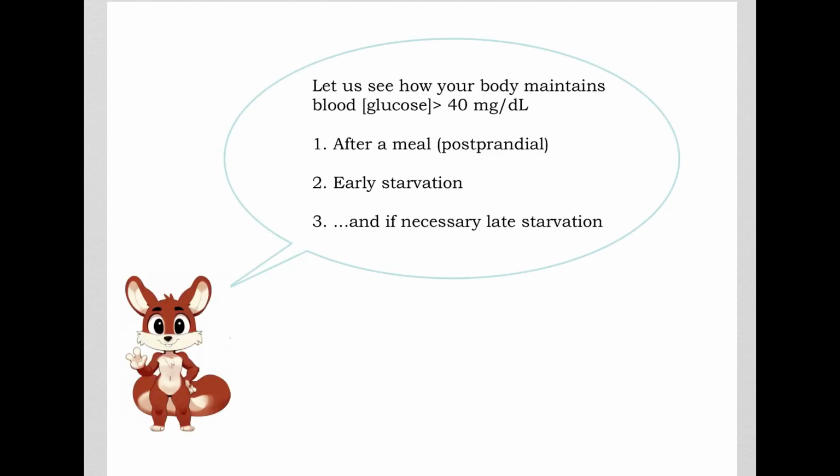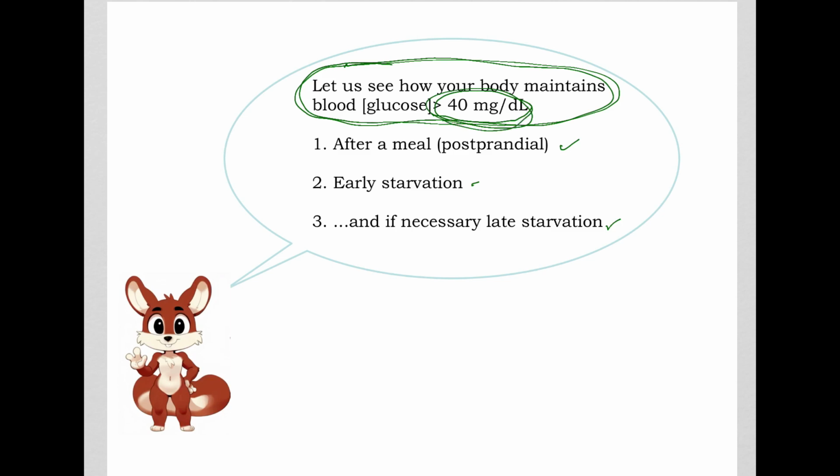So remember, it doesn't matter what we are talking about, which state, after a meal or early starvation or late starvation, your body must always satisfy this criteria. Your blood glucose concentration must always be above 40 milligrams per deciliter.